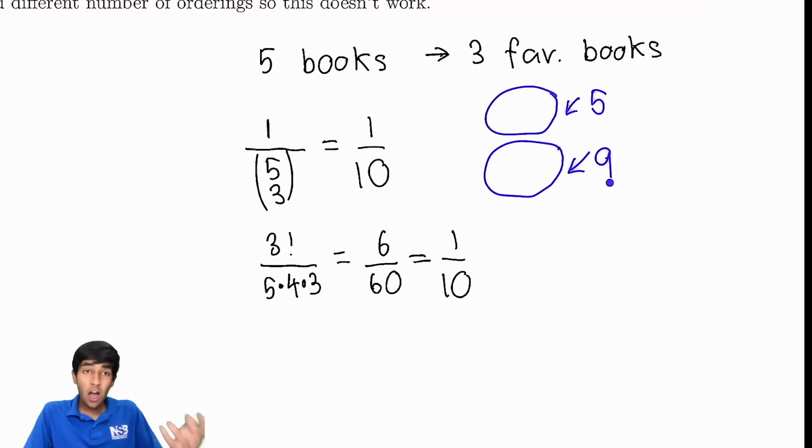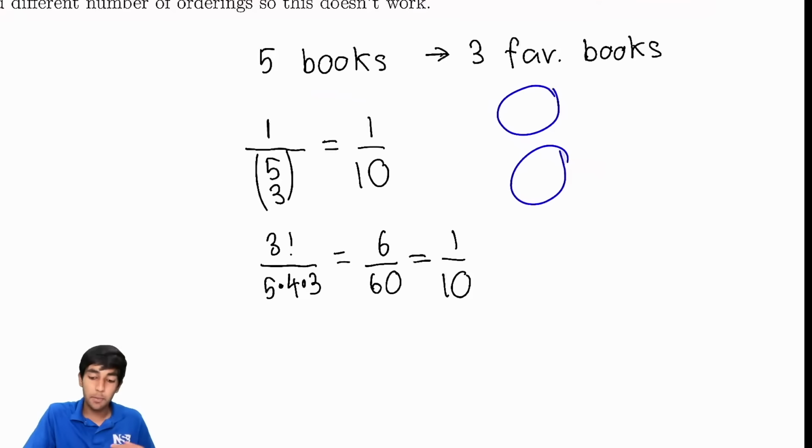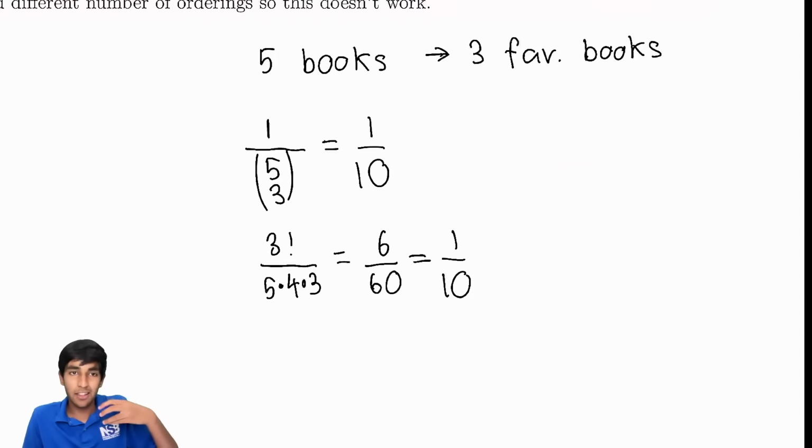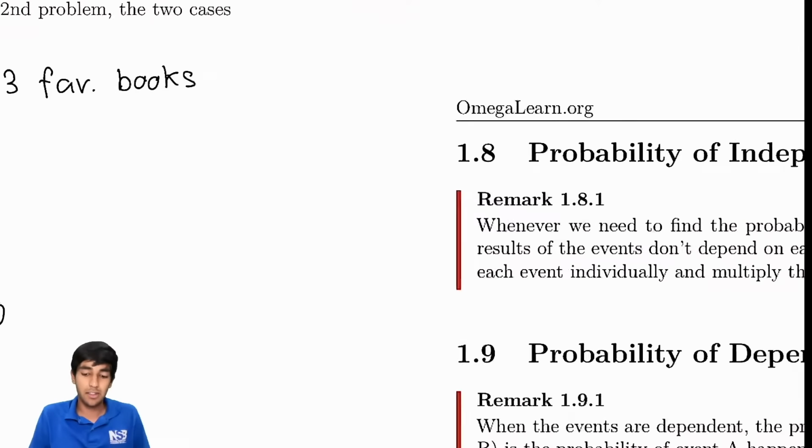So then now you cannot just say, okay, one of these 2 works, so the probability is 1/2, when clearly this has more orderings. So you can only use this kind of shortcut when your cases have the same number of ways of happening. And yes, there's one way you can have, let's say, book A, then B, then C. And there's also one way you can have book A, then C, then B. So it doesn't really matter in this case.